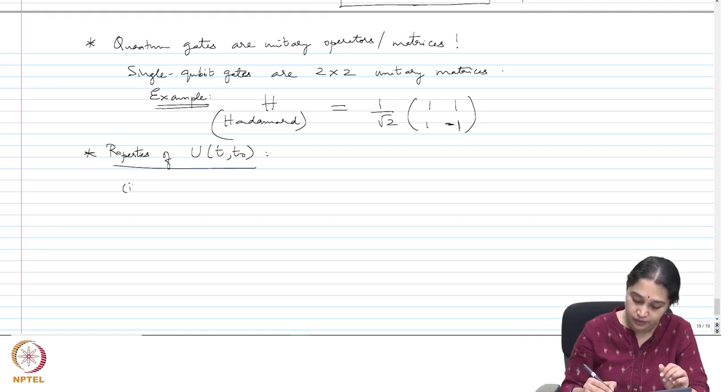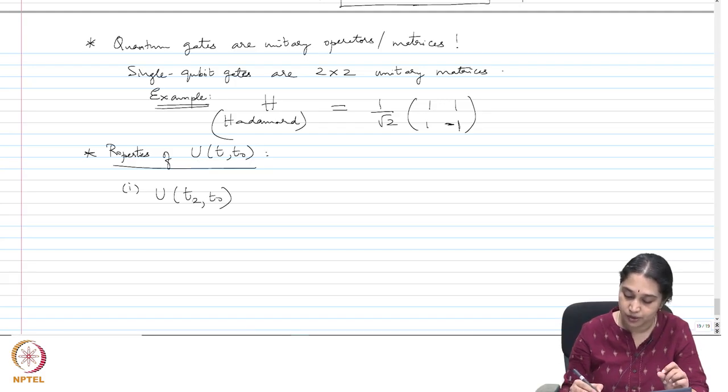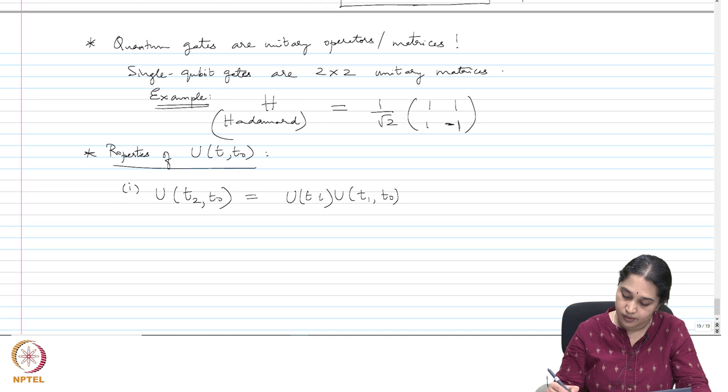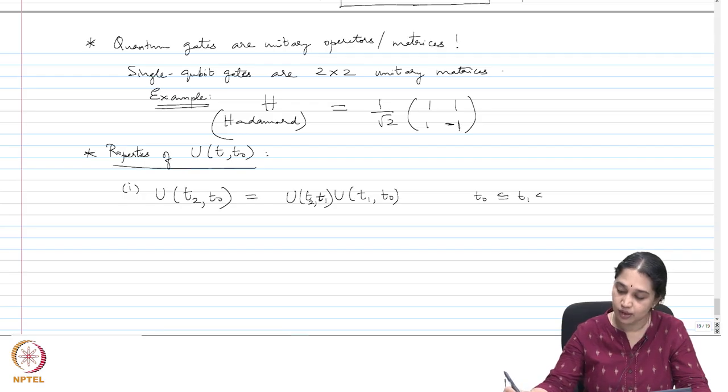So the first thing to note is that U of T2, T0, which is time evolution from T0 to T2, is actually composed of the product of this form. So we first have T0 going to T1 and then T1 going to T2. So the sequence is that T0 is less than or equal to T1 less than or equal to T2, right?